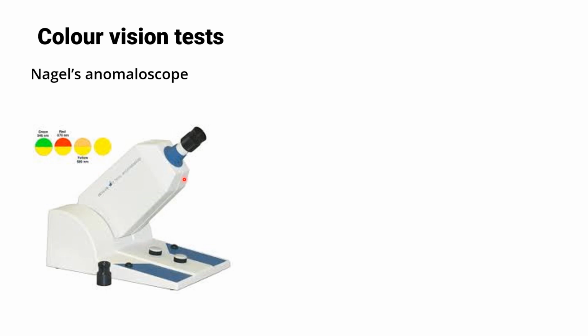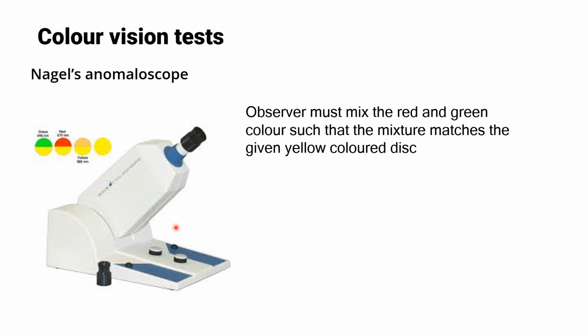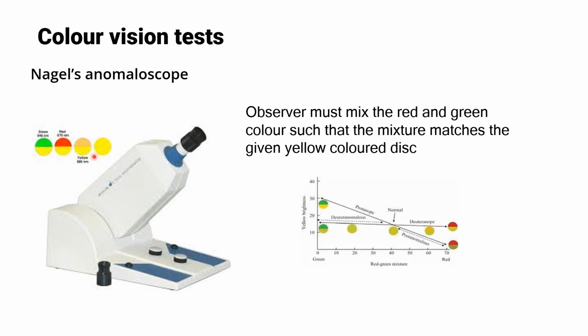One knob mixes the red and the other gives the green. So he has to adjust the knobs by himself until he says that it is matched. Based on that the scoring is done, and it can match the protan knob or the deutan knob. Again, red green color deficiency can be identified in this.